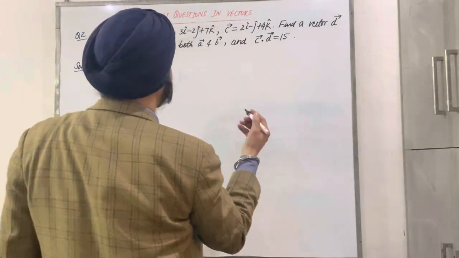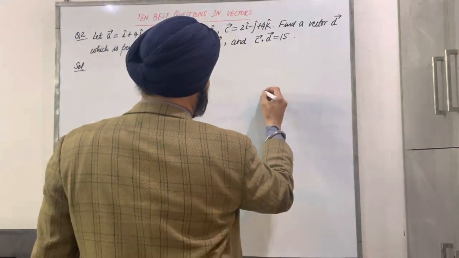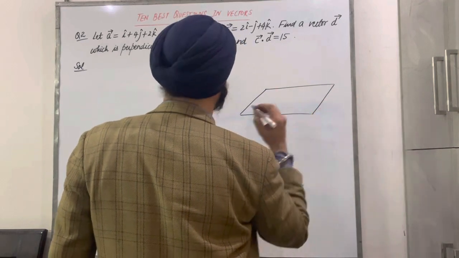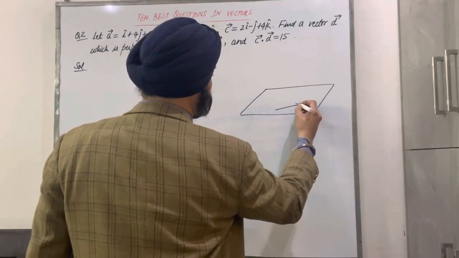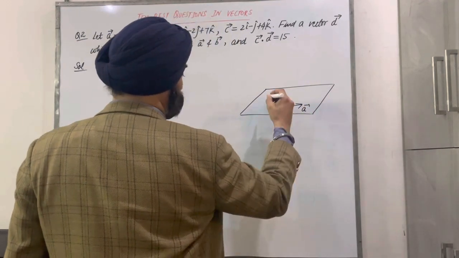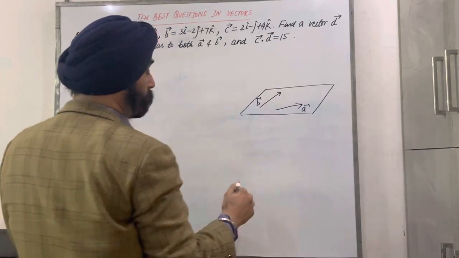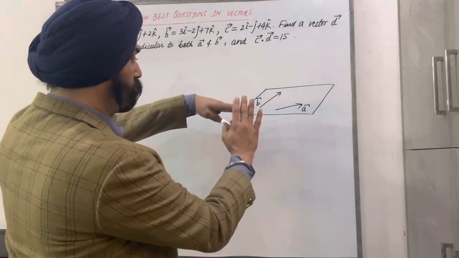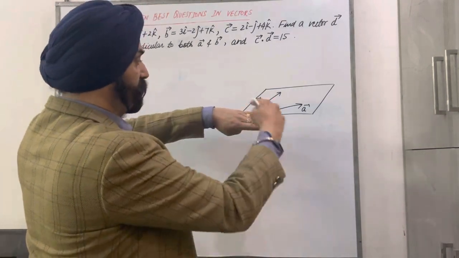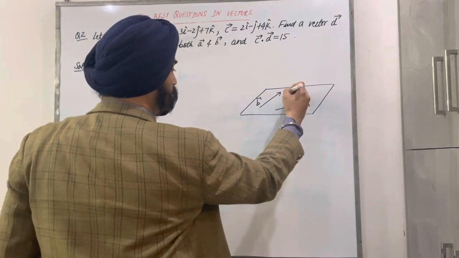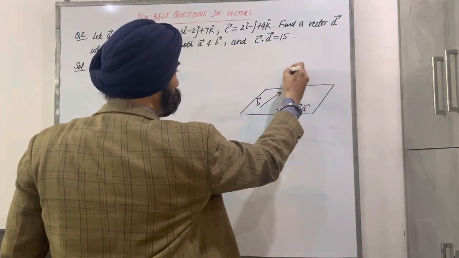You are being asked to find a vector D which is perpendicular to both A and B. That means if we draw a rough diagram this way, if I take one of the vectors as A here, the other vector as B, this is a plane, it's a side view, and in this plane we have two vectors A and B. Now if I take cross product of these two vectors, it is going to point in this direction.